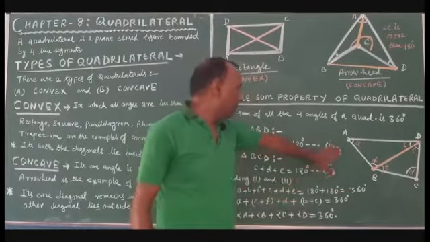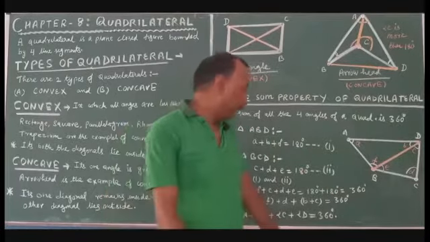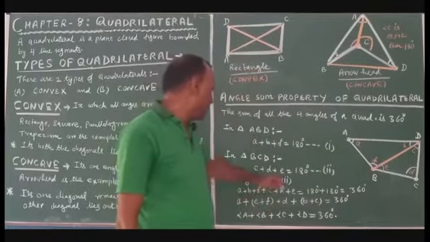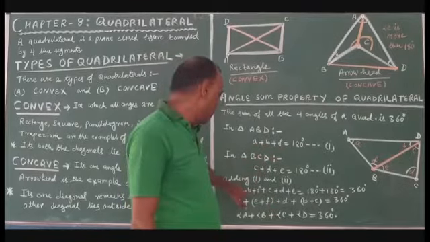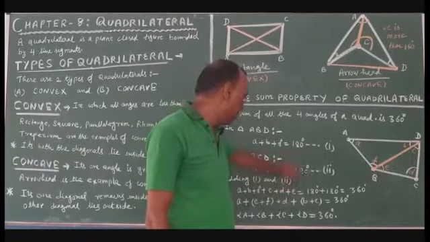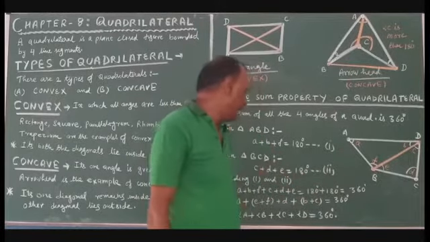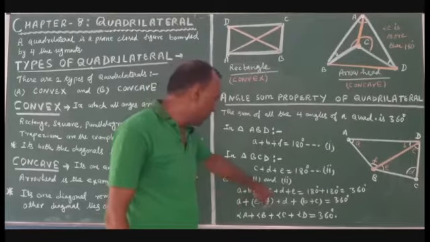This is equation first, this is equation second. Adding first and second, a plus b plus f plus c plus d plus e is equal to 180 plus 180, which is 360 degrees. Now arrange these terms.